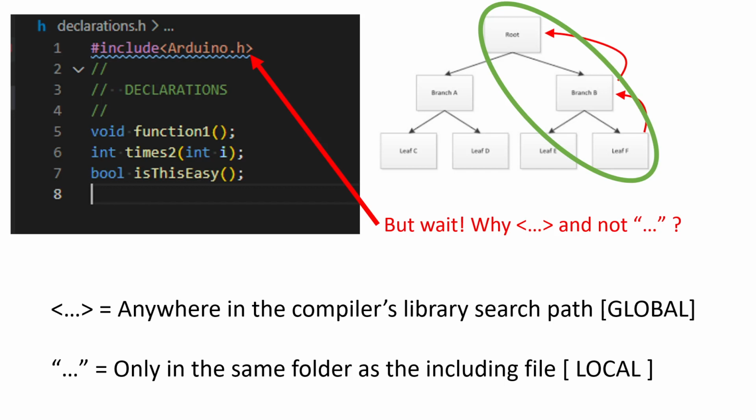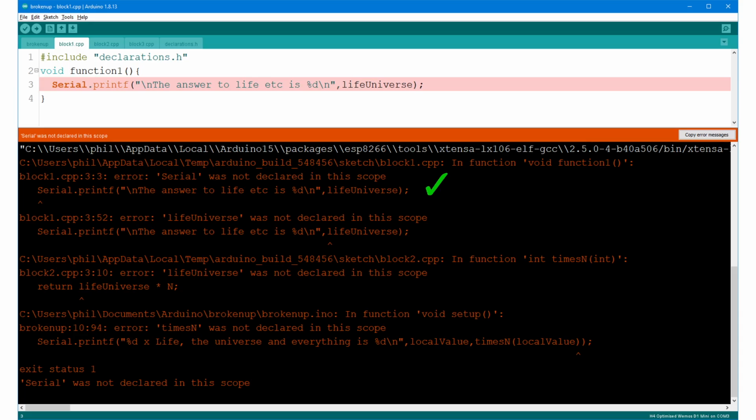Generally speaking, the quotes are around things that you're going to write to include, and brackets are for library type files. That's just a general rule. It's made to be broken. So we've knocked that one out.